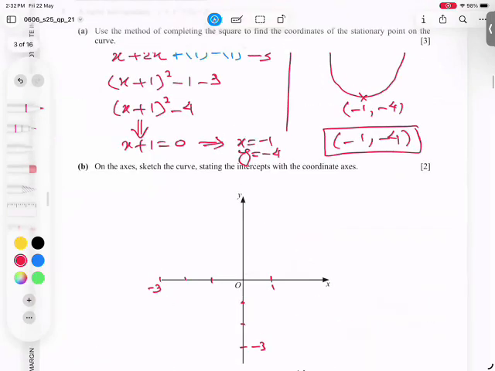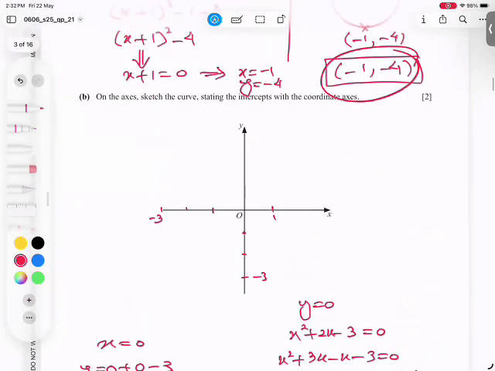If you look at the top, the stationary point is where x is -1 and y is -4. -1 is this and -4 is slightly below. It is just imaginary, a rough idea, so the graph becomes like this.